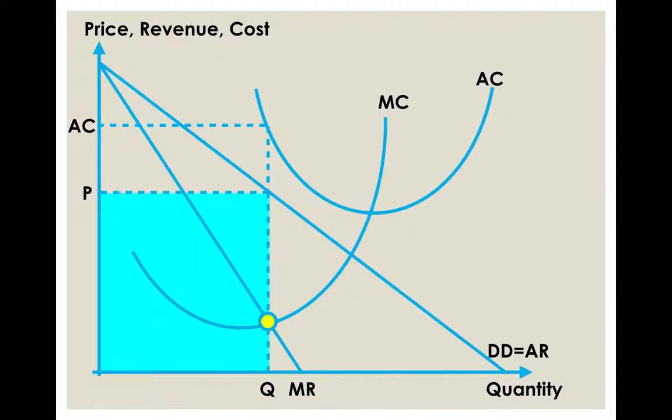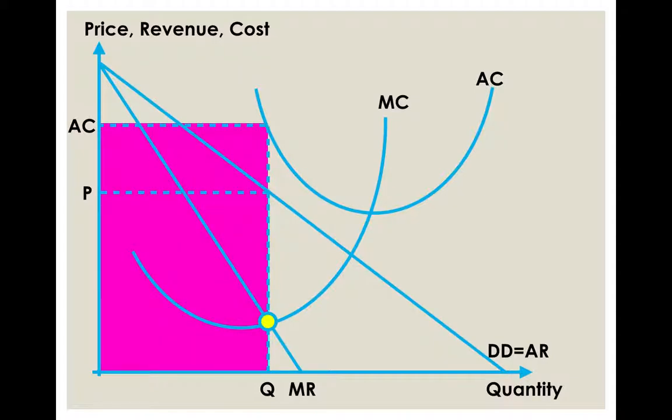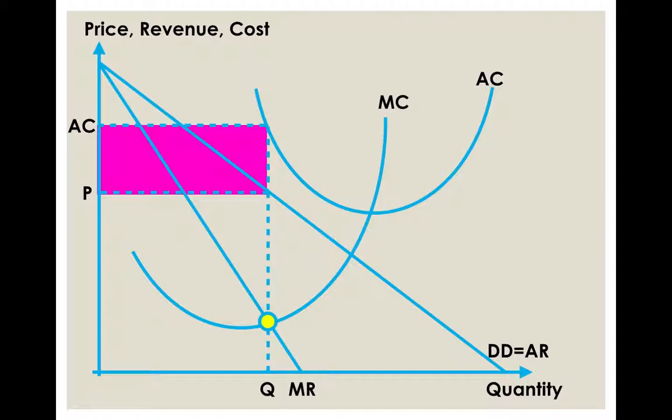The total cost is given by the pink area. So now you see that if the firm is not able to engage in first degree price discrimination, it will incur a subnormal profit or a loss given by the pink area. In other words, this firm will not be producing this good, because when it produces this good, it's going to incur a subnormal profit.